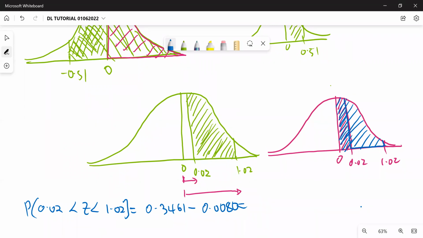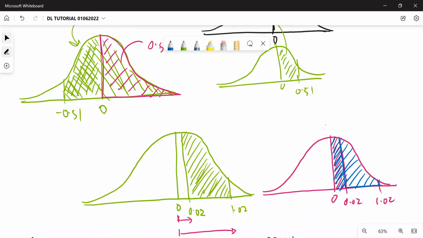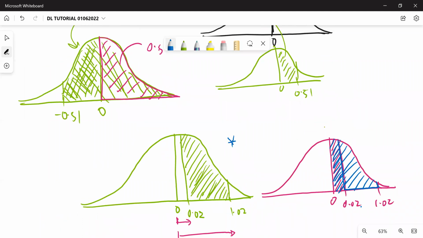And you'll find that this is 0.3381. So as long as you have drawn this diagram correctly, and you know what your tables give you, you should be able to figure out what actually you are looking for.